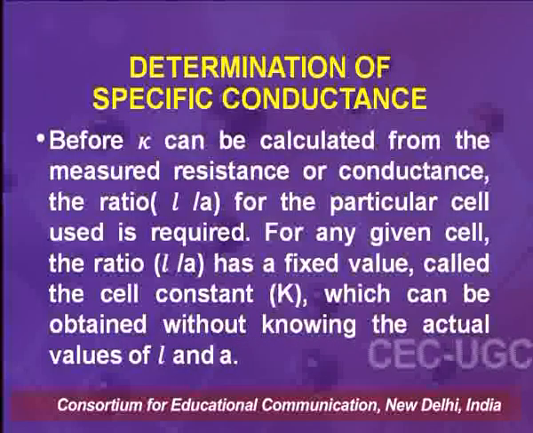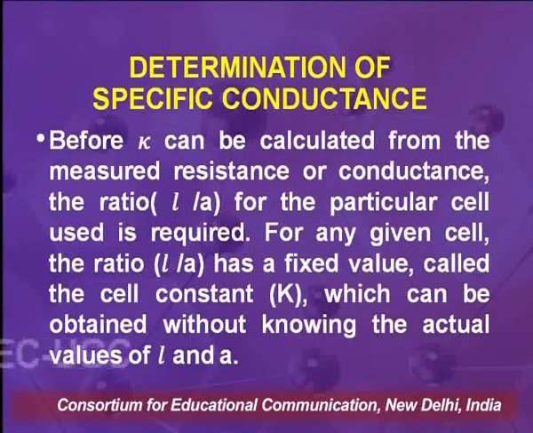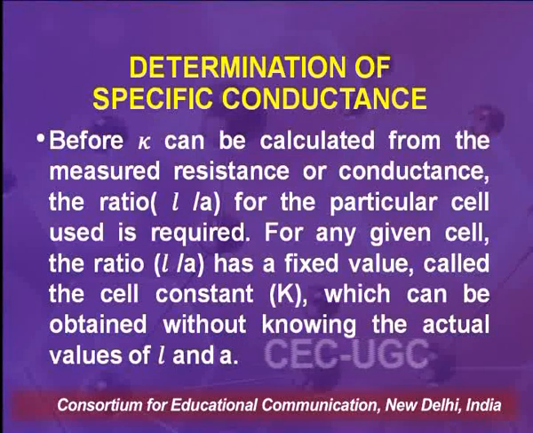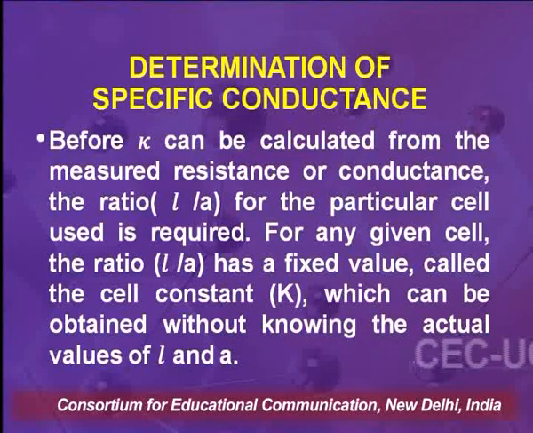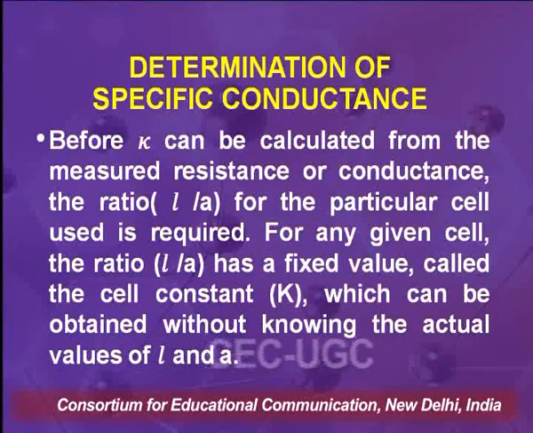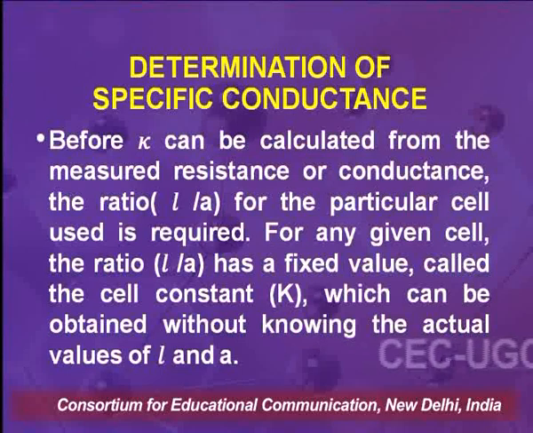Now we have determination of specific conductance. Before kappa, that is the specific conductance, can be calculated from the measured resistance or conductance, the ratio l by A for a particular cell used is required.